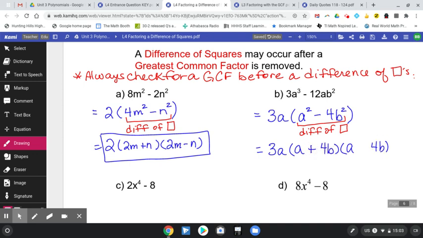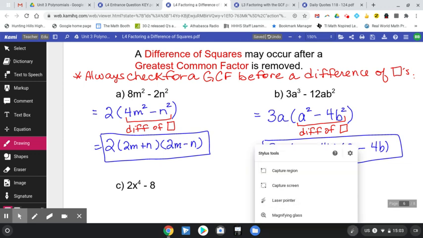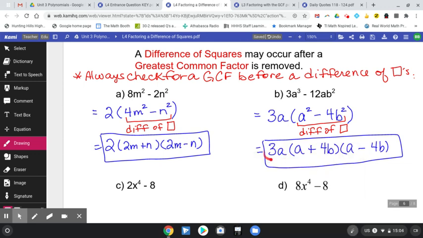One is adding, one is subtracting. So factoring this one actually gives us 3 factors. We've got that factor, we've got another one here, and another one here. So 3 factors that multiply to equal the original binomial.